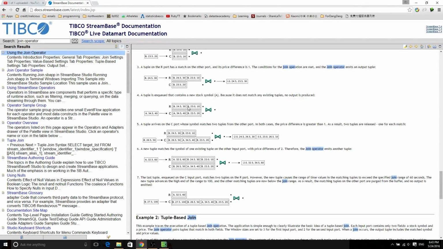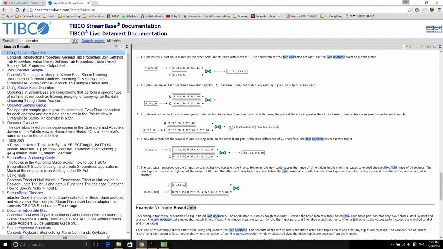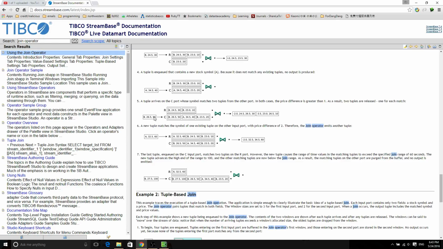Let's move on to the second input, which is A, 35.5, 40. It doesn't match any of the symbols here, therefore there's no output. The next tuple is B, 26.5, 50, and it goes to the second input. We check for anything in here: 50 minus 30 is 20, which is within the range of 60, the symbol matches, and 26.5 is 1 or more away from 24.5. Therefore, we have the first output.